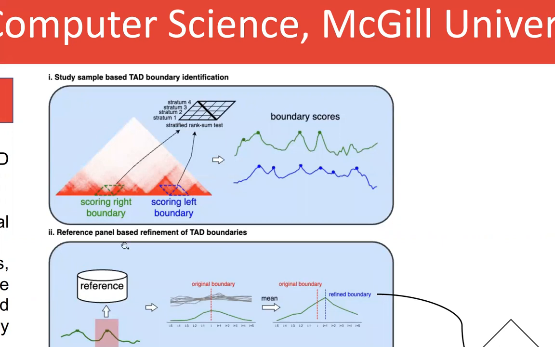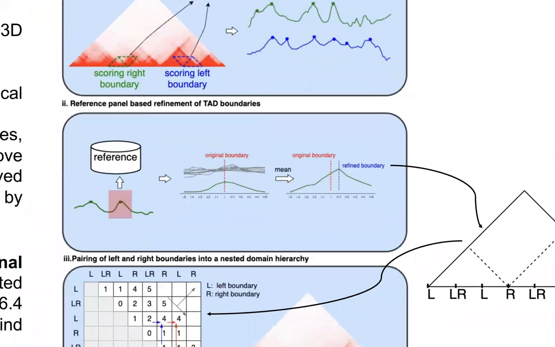After identifying TAD boundaries, we can proceed to the second step, the reference panel-based TAD boundary refinement. We have a reference panel that contains boundary scores for a large collection of Hi-C datasets. To refine a given boundary annotation at the study sample, we select all reference samples that also have a TAD annotation around the given position.